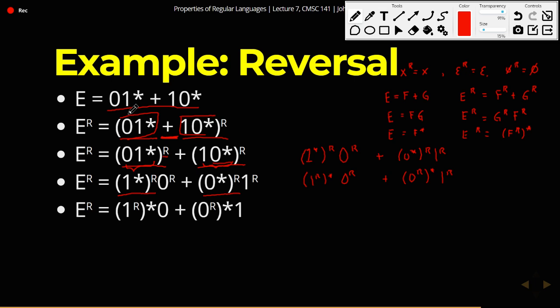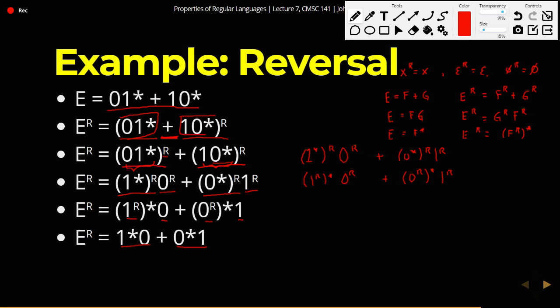So we have now simplified it. And then let's also simplify this too. 0 reversed and 1 reversed are just 0 and 1 respectively, right? And then since we have a reverse here as well, on 0 and 1, we'll also simplify that to 1 and 0 respectively. So we'll now have 1 star 0 and 0 star 1 with the union. Okay, and that is now your final reversed regular expression.